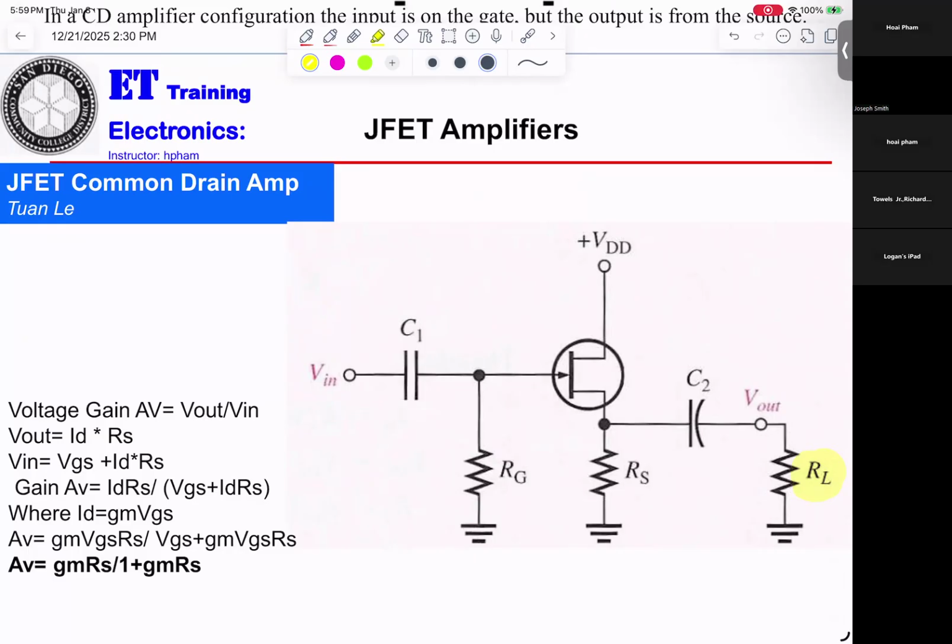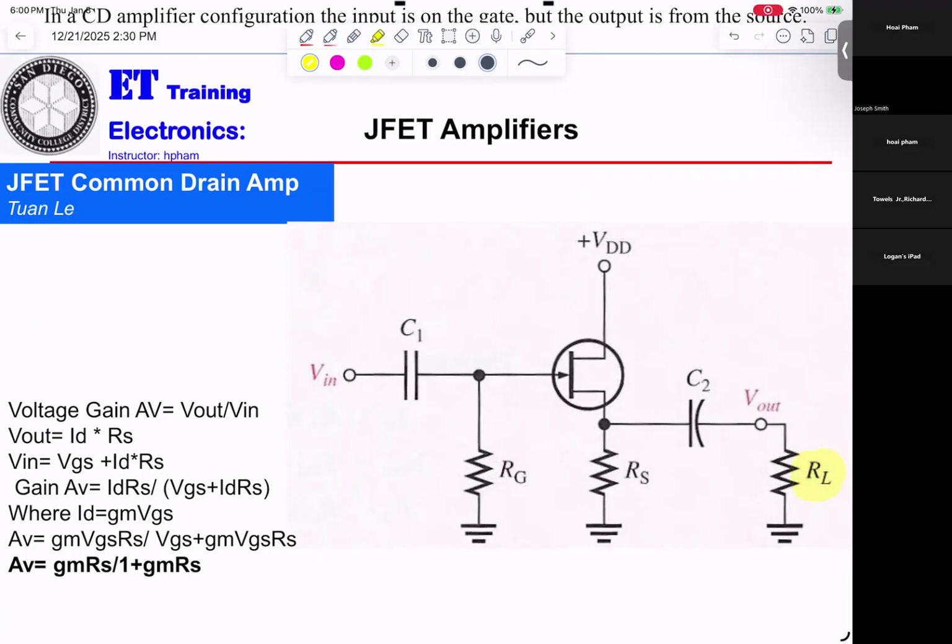Oh, perfect. Okay. So what I want, when you're looking into the amplifier, you must recognize common source or common drain. That's the minimum thing you have to know. I'm not talking about any calculation.